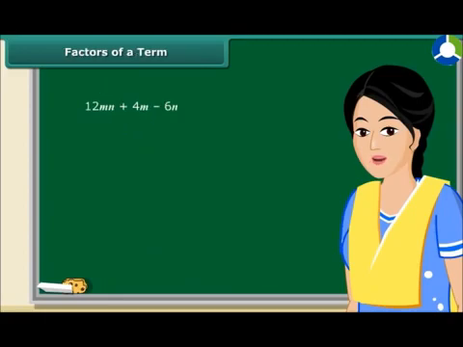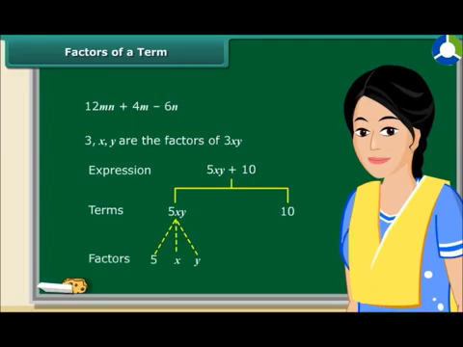A term is a product of its factors. But what are these factors? We say that 3, x, and y are the factors of the term 3xy. Do you know we can also represent 5xy plus 10 by a tree diagram?